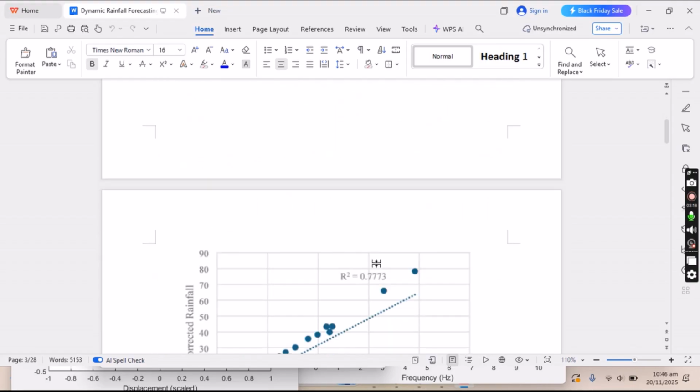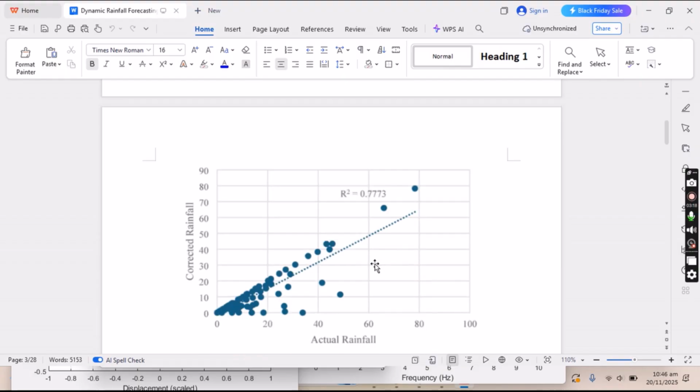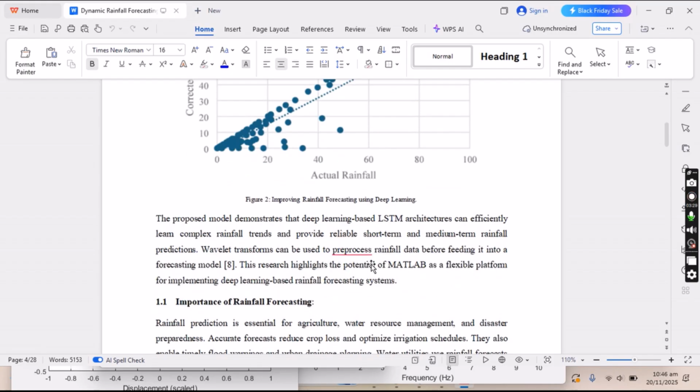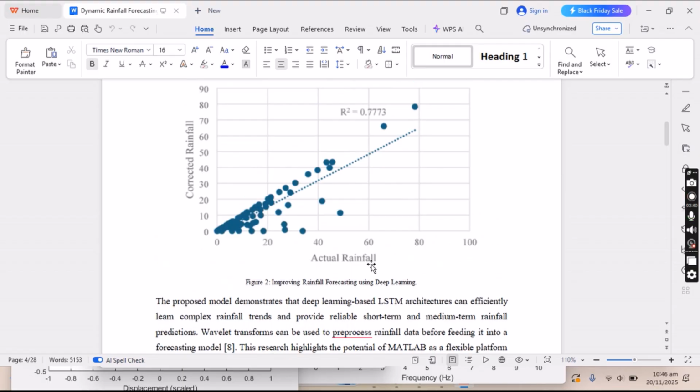We have calculated its root mean square error values, improving the rainfall forecasting using the deep learning model. These deep learning pre-processing models are flexible to predict the actual rainfall for the next day of that specific area.